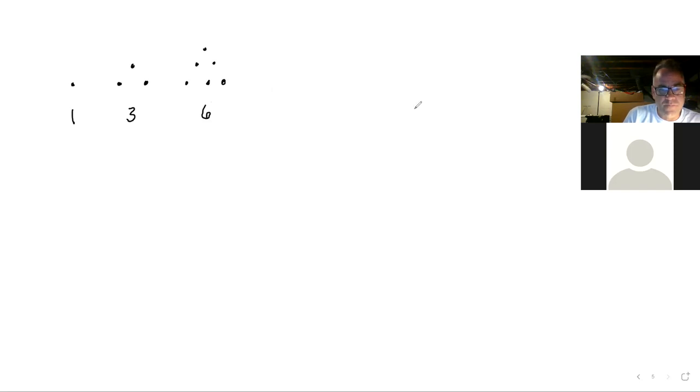Screen down a little bit. So I take this, where we've got our 6 dots, and then say, well, how many more dots do I need to add to make yet a bigger triangle? And I would need 4 more, and that would now give me 10.